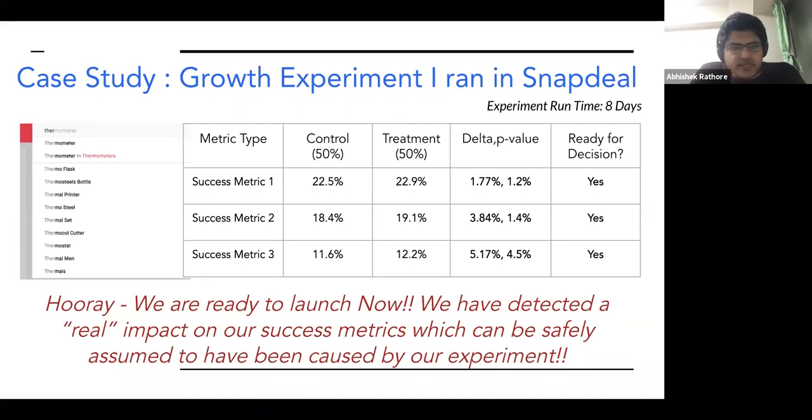But many times the numbers are not this good. Sometimes metrics increase, sometimes decrease, so we'll have to take decisions accordingly. But the concepts of calculating p-values and being ready for decisions are the same for all experiments, and are absolutely critical for running a scientifically valid experiment.